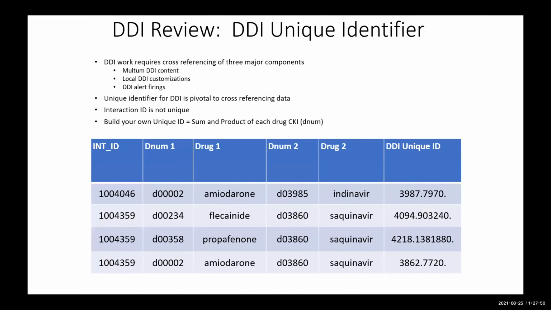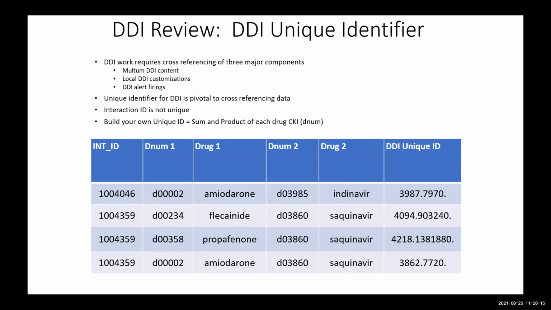I'll go into this concept of a unique identifier because it is important if you're going to be cross-referencing data. We do a lot of this in our system where we cross-reference drug-drug interaction content from Multum, our local customization history, our alert firings, combination meds is another factor that comes into this as well. And what we found that we needed to do is come up with a sequence-independent identifier.